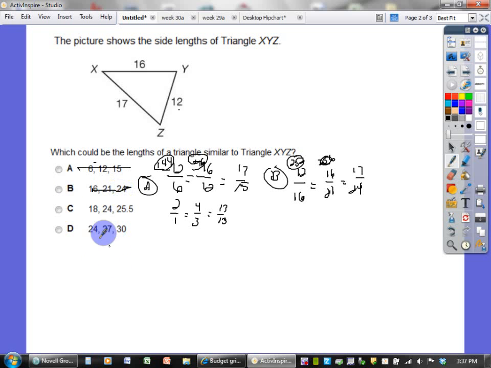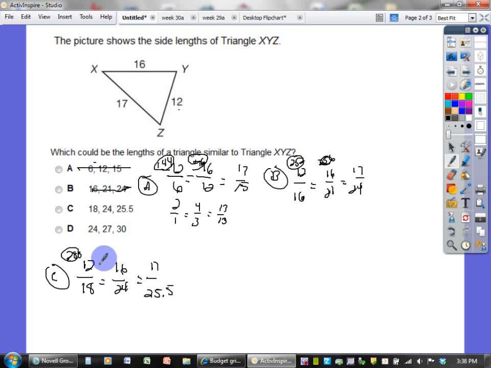And then we would go letter C, which is 12 over 18, which equals 16 over 24, which equals 17 over 25.5. So 12 times 24, once again just using the cross products, that's 288.